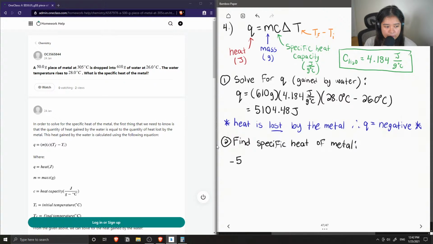So Q is equal to negative 5,104.48 joules.